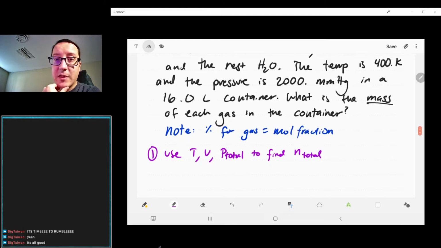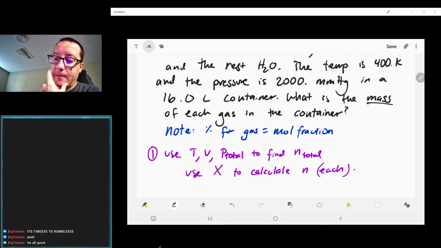And then from that, use the mole fraction to calculate each moles, which I would recommend. I think this way is faster.